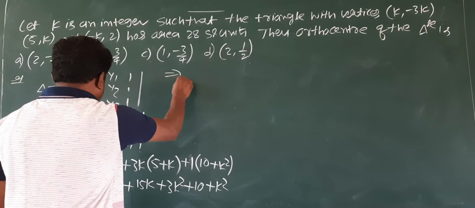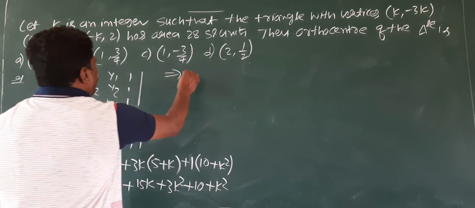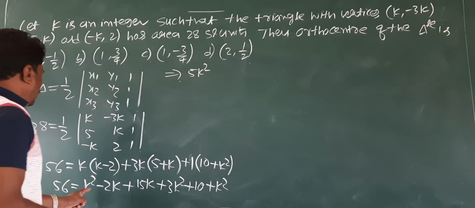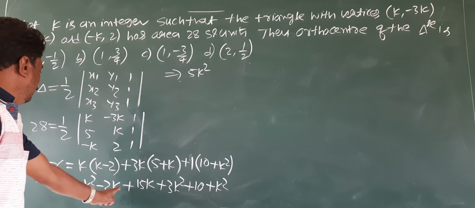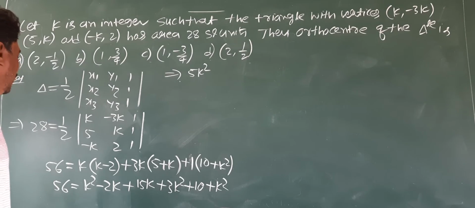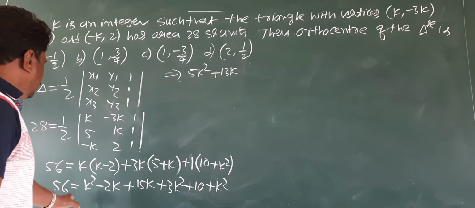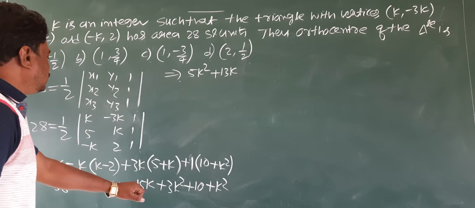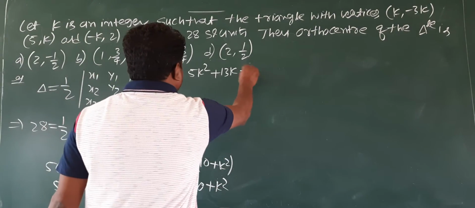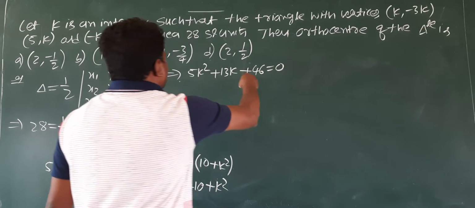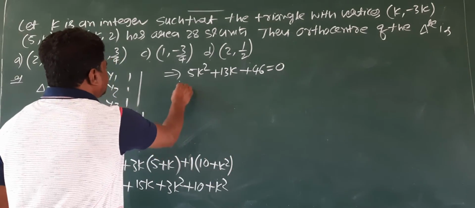So this implies k square, 3k square plus k square, 4k square plus k square, 5k square. k's: 15k minus 2k, 13k plus 13k. So next, send this to the right side: 10 minus 56, minus 46. So 5k square plus 13k minus 46 equals 0.